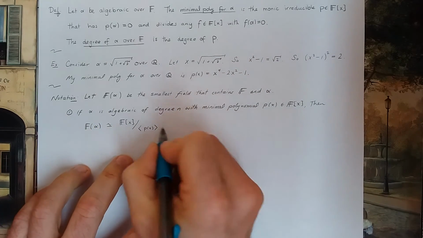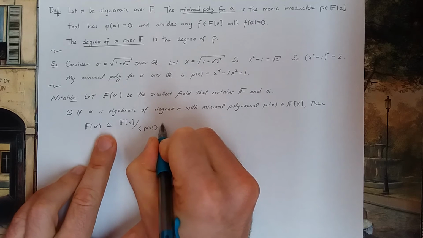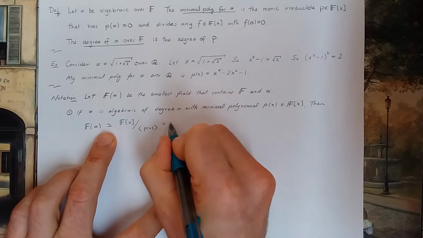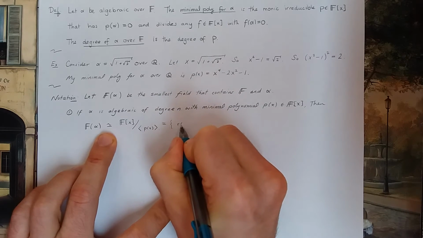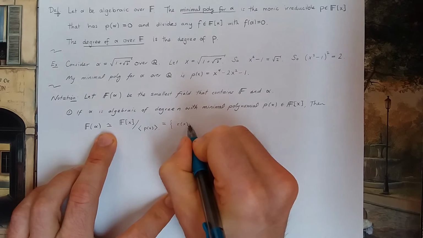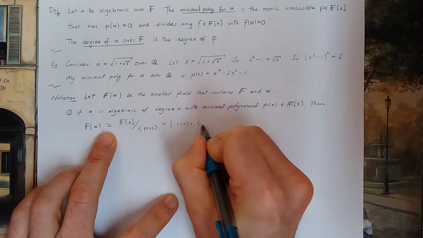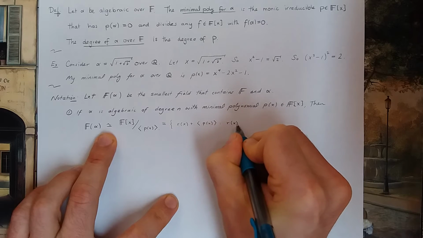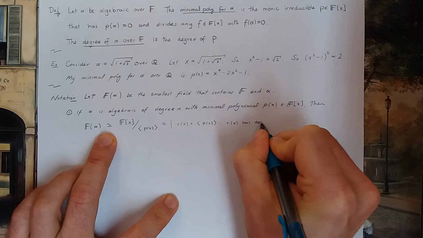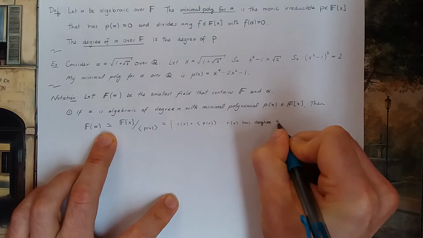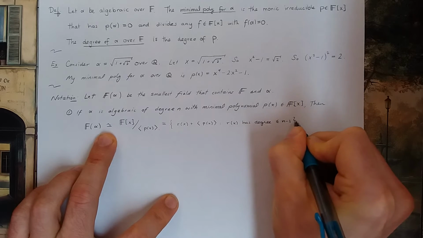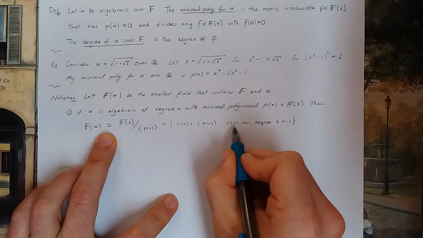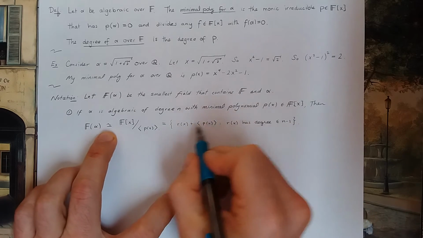This is a field, and this field, if you want to write down explicitly what the elements look like, this field looks like everything of the form R of x plus your ideal P of x, where R of x has degree less than or equal to n minus 1. So the degree of P is n, so R has to have a degree less than that.